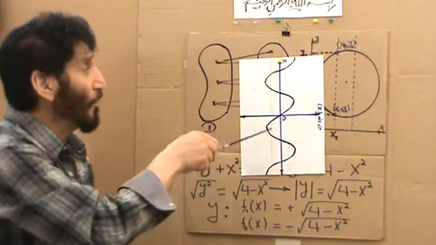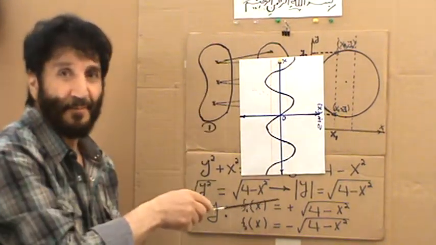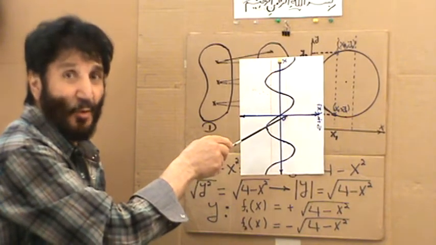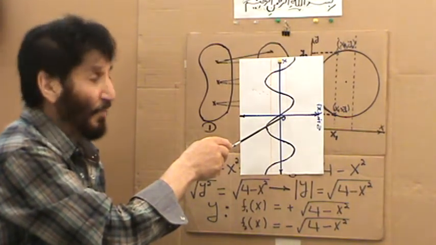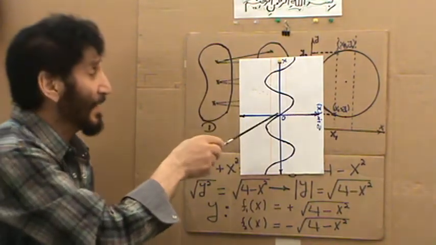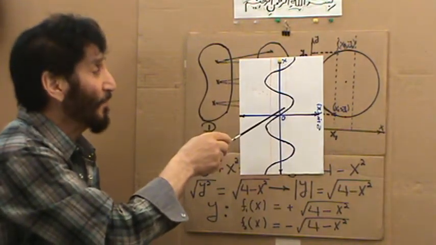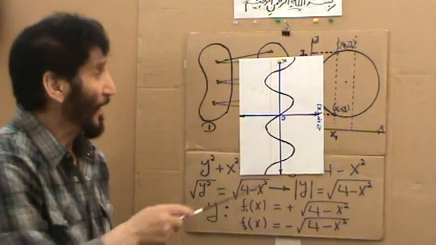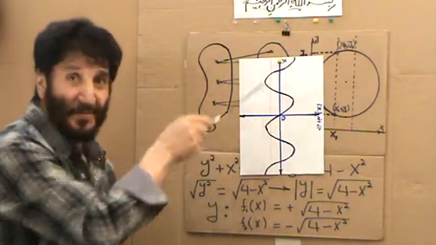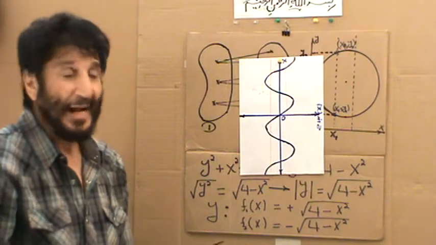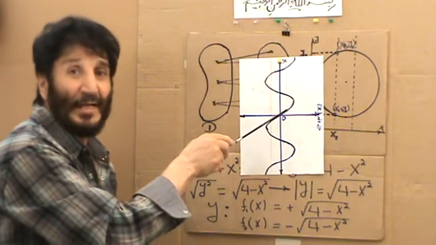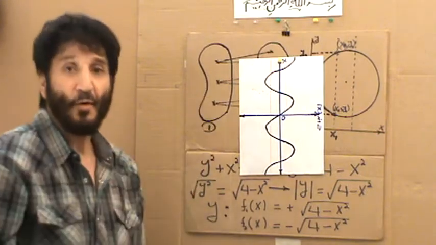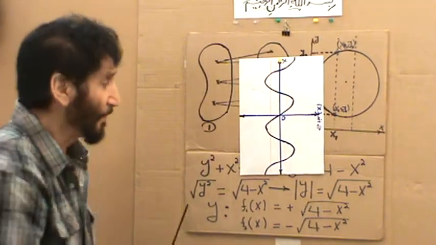Now, this is a multi-valued function. Again, for an x in the domain of this graph, the y values are not random. They are these and these and these. There are infinitely many of them, but they are not random, and we can easily locate where they are. So this is an example of a multi-valued function.